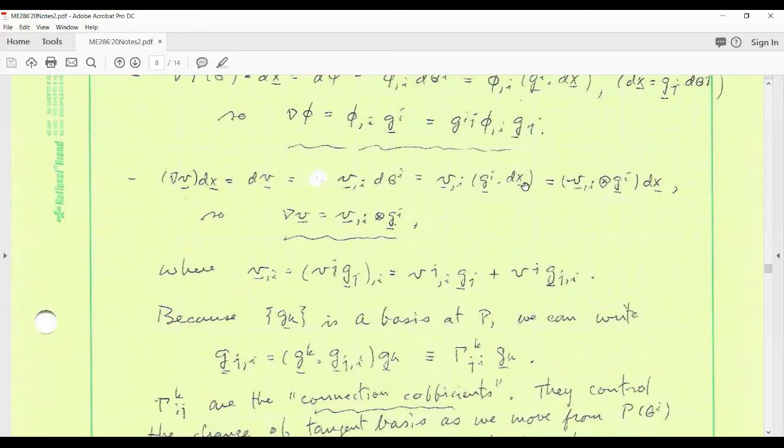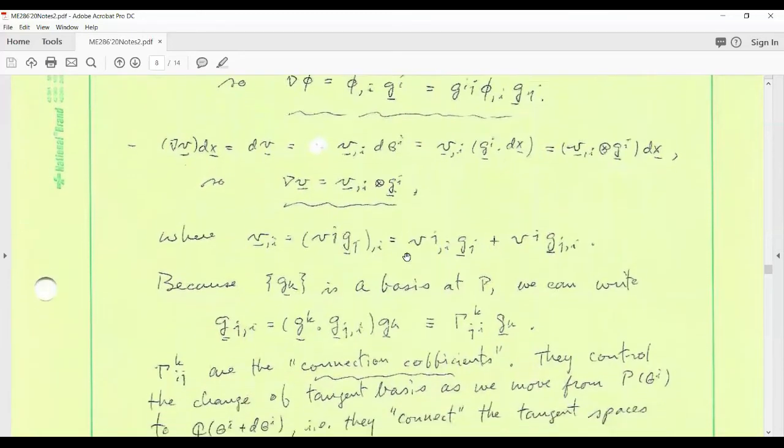And now we recognize this as a tensor product of two vectors operating on dx. But of course, you have two vectors one at a time. There's a sum on I, so actually three tensor products here inside that parenthesis. So this being true for all dx, it must be the case that gradient v has this representation. The partial of the vector with respect to the ith coordinate, tensor product g super I.